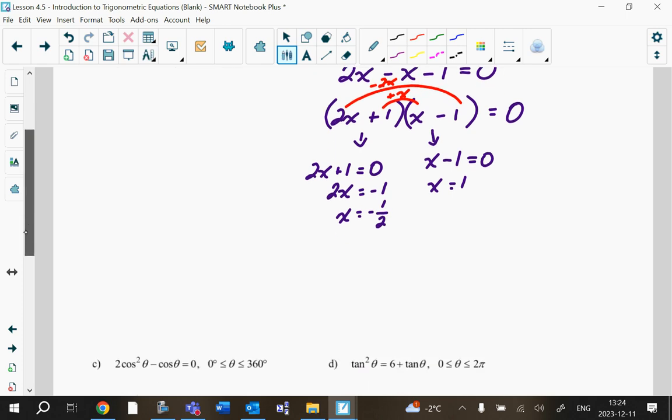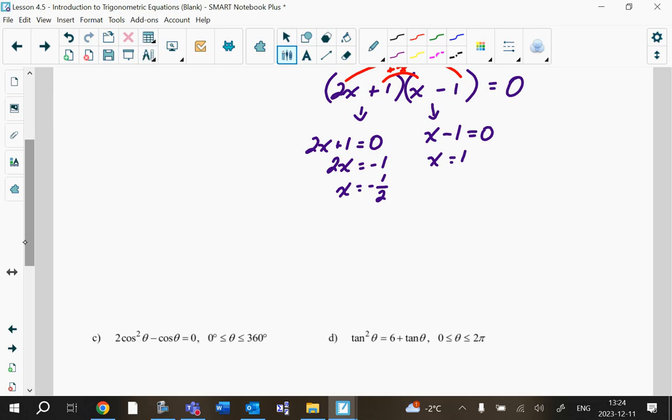Now, instead of x, put back tan theta. So I did the quadratic portion. Now I've got to take each one of these trig equations and solve them like we were doing last class.